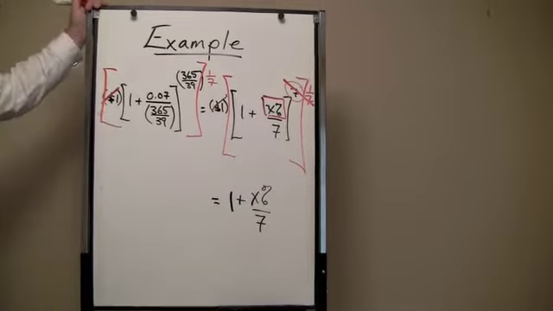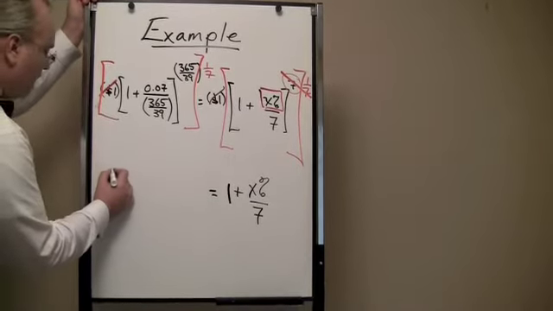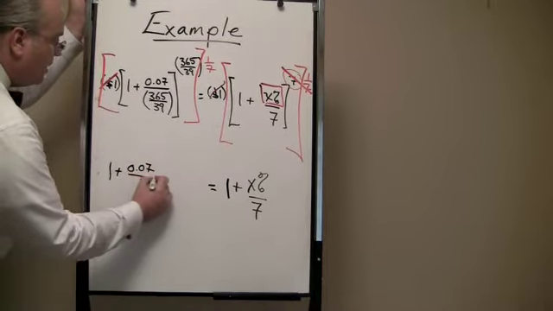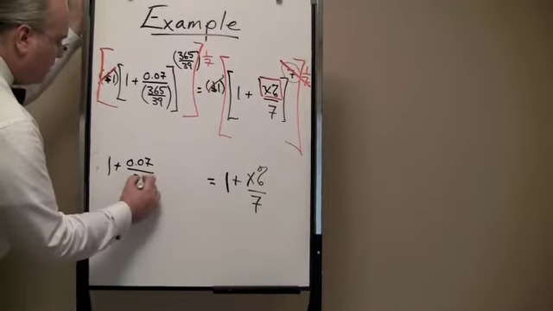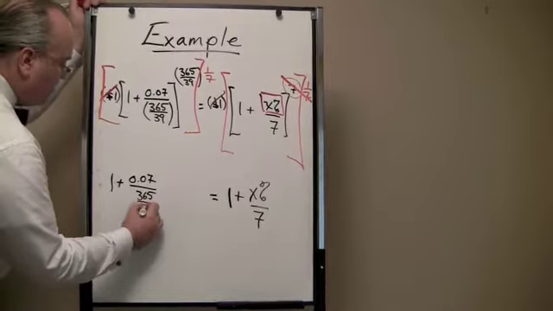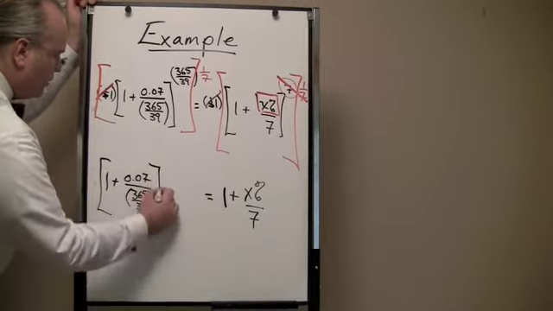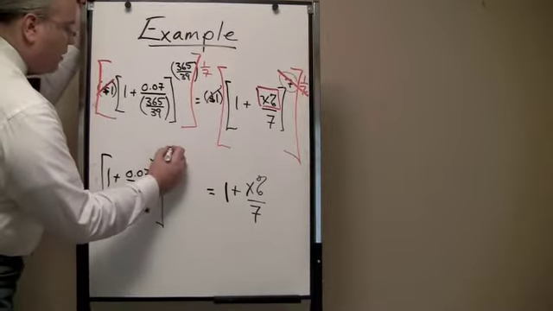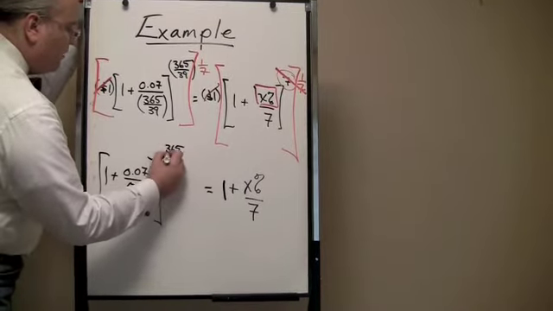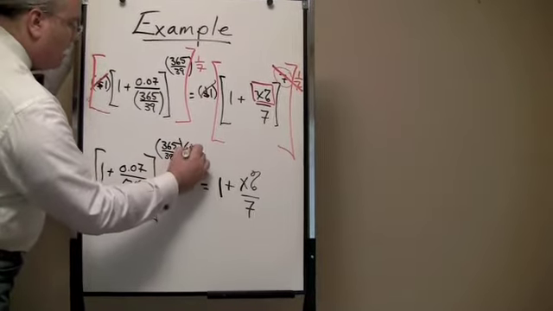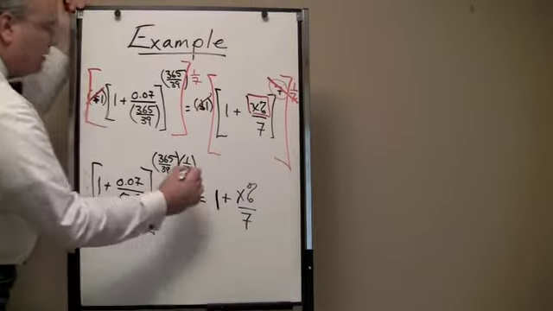On the left hand side of the equation I'm going to have 1 plus 0.07 divided by 365 divided by 39, all raised to the power of 365 over 39, multiplied by 1/7.